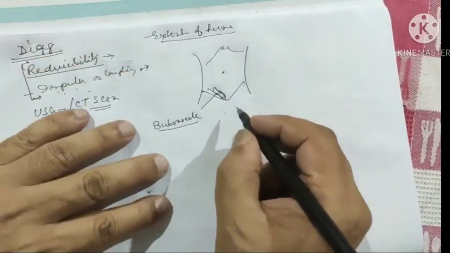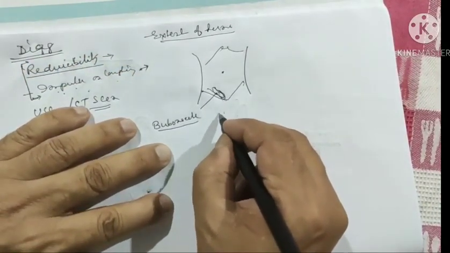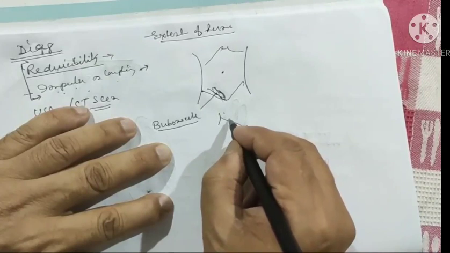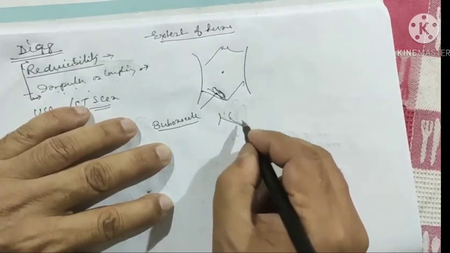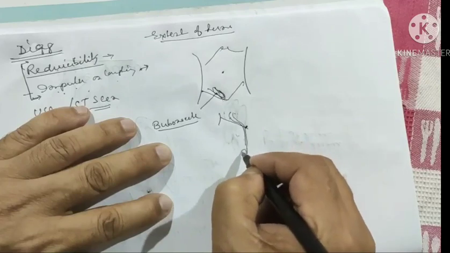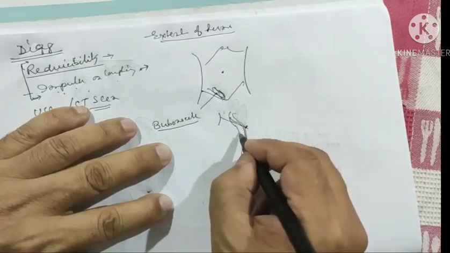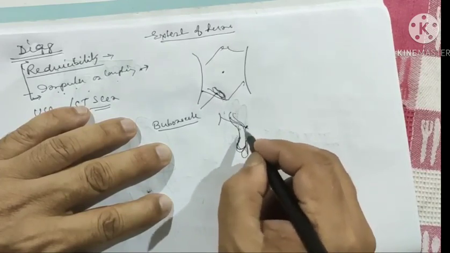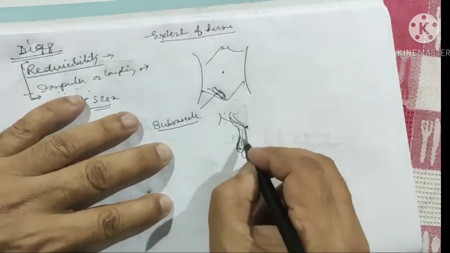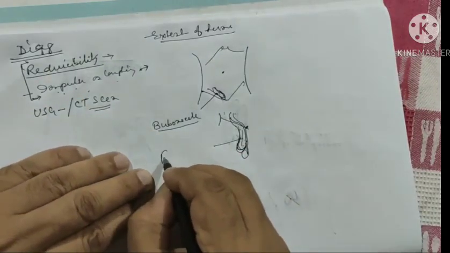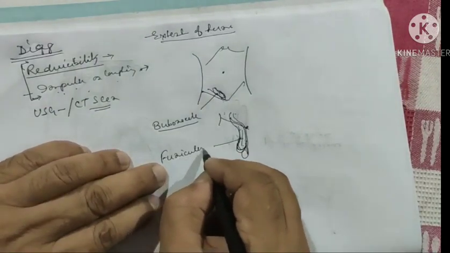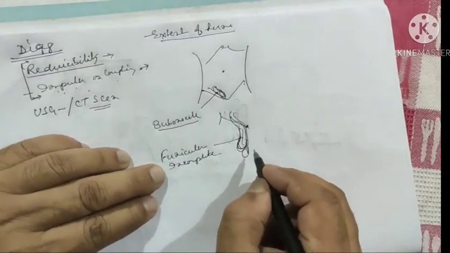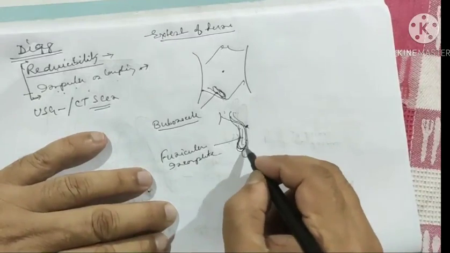Suppose this is the anterior superior spine and this is the pubic symphysis. If this hernia goes up to just above the testis, then it will be known as the funicular or incomplete hernia.